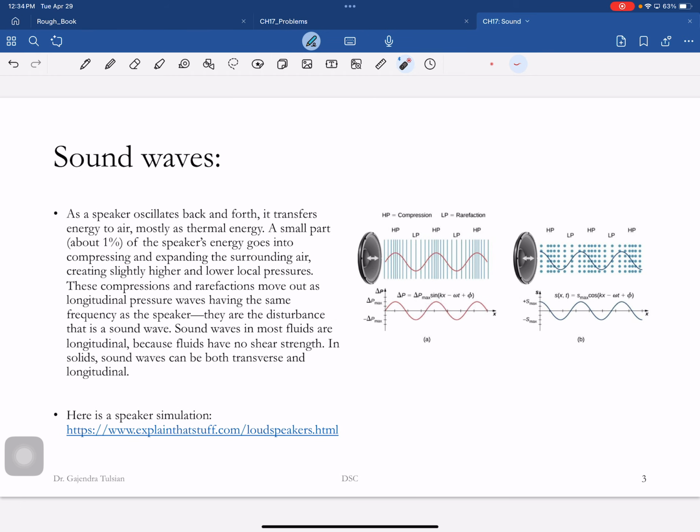Okay. So, like I said, any vibrating stuff, a vibrating diaphragm, can produce sound waves. Okay. So for instance, here I'm waving my hand and I'm producing sound waves. Why can't you hear that? Low intensity.